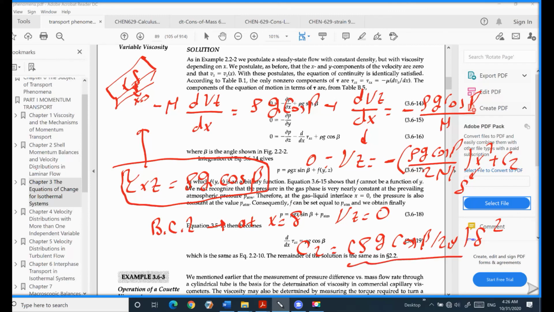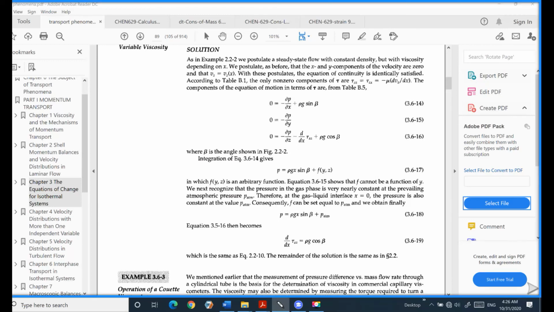Finally, if we put all the things together, our vz was minus rho g cosine beta over 2 mu x squared plus C2.